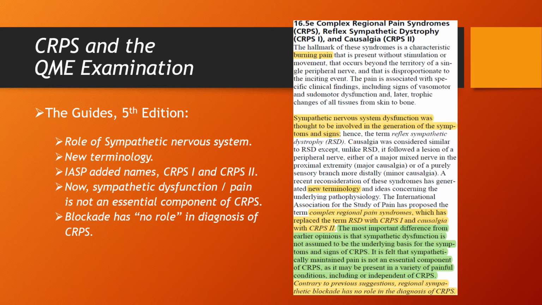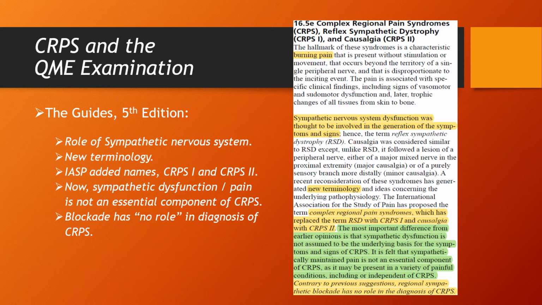But they go on to say that the sympathetic nervous system dysfunction was thought to be involved in the generation of the symptoms and signs that give us the term RSD. Causalgia was considered to be similar to RSD, except unlike RSD, it followed a lesion of the peripheral nerve. And if you remember, causalgia was considered CRPS 2.